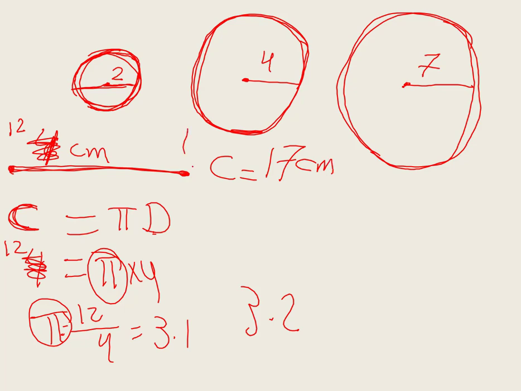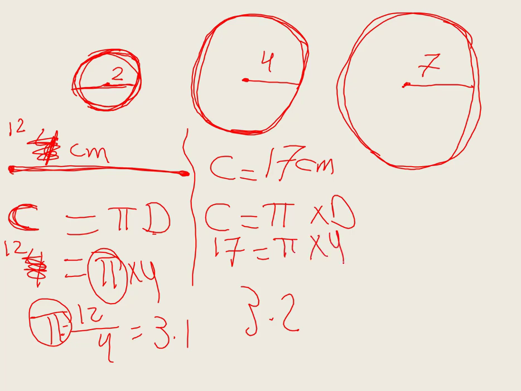Then we apply the rule. We write C equals pi times d. C equals 17 equals pi times 4. So to get pi, we make 17 divided by 4. 17 divided by 4 approximately equals 4.1.